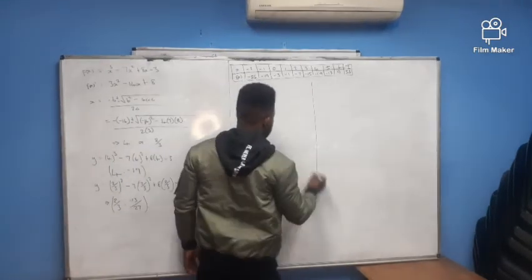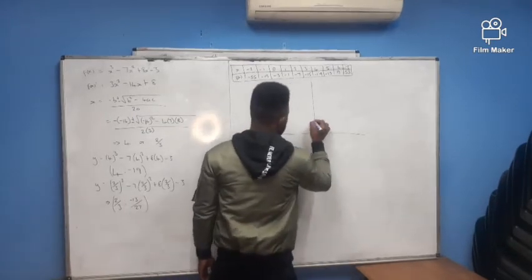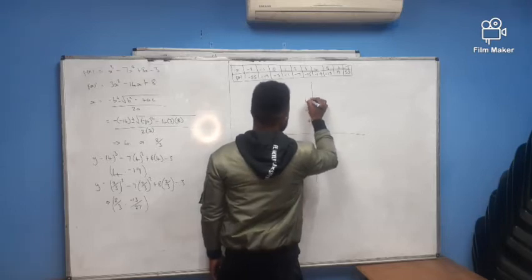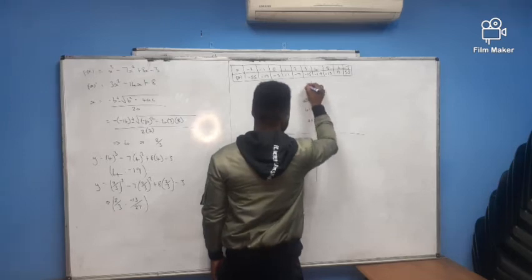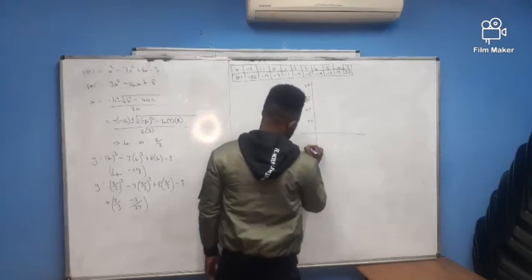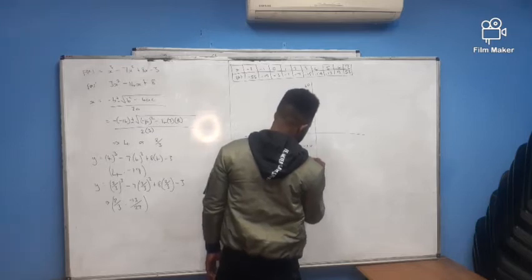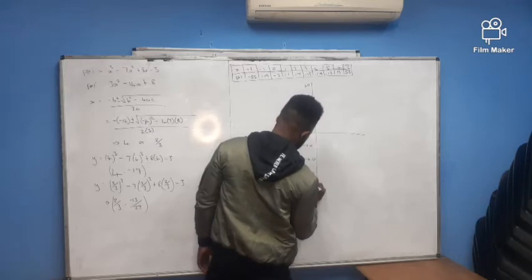Let us see how can we draw our graph, and how my space will be enough. So let's say this is 20, 40, 60, 80, and then this is -20, -40, -60, then -80.